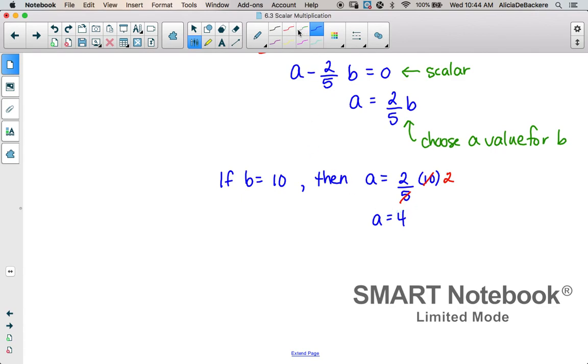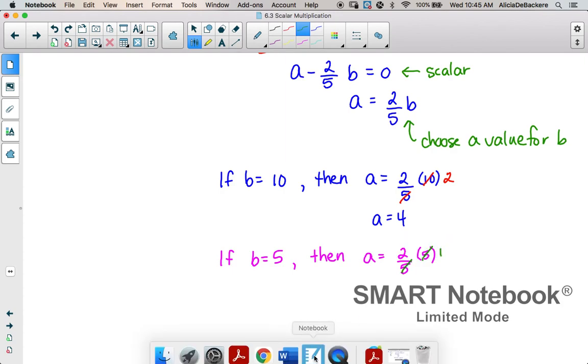Somebody else is going to give me a different answer. Somebody else is going to say, well, I'm just going to use 5 because that'll divide really nicely. And so when they divide theirs out, they just get a 1 here, and they get that a is equal to 2.